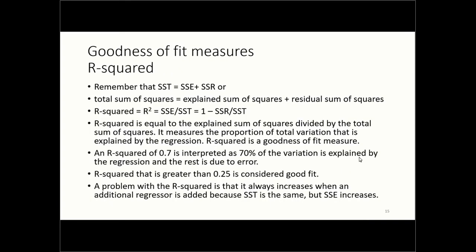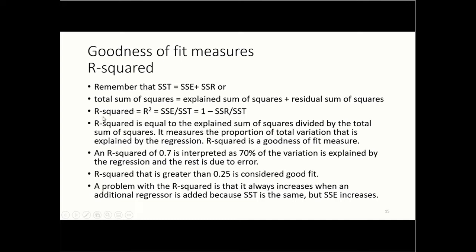So now let's switch gears and talk about goodness of fit measures, and this will be the R squared and the adjusted R squared. So what is R squared? First of all, remember that SST equals SSE plus SSR. In other words, the total sum of squares equals the explained sum of squares plus the residual sum of squares.